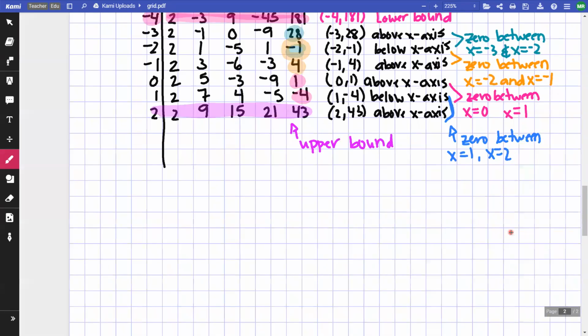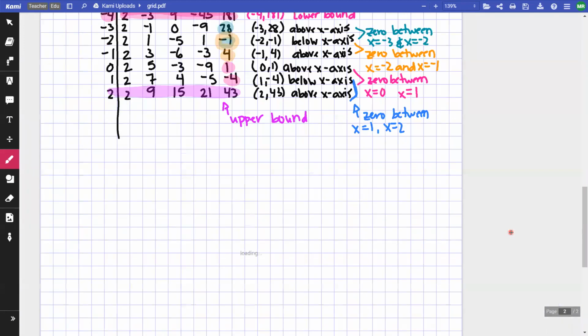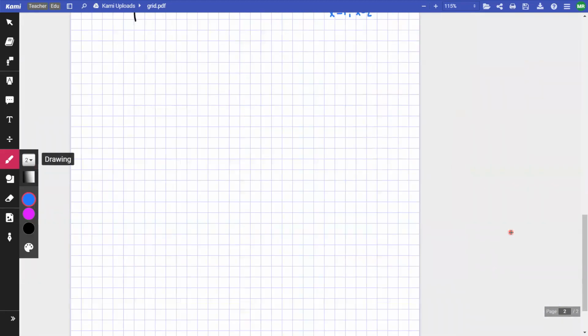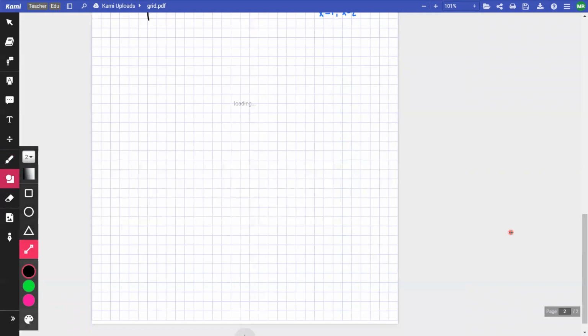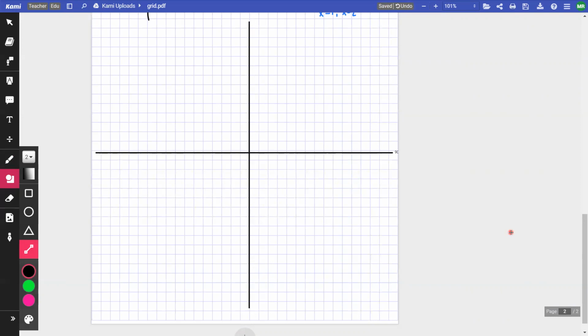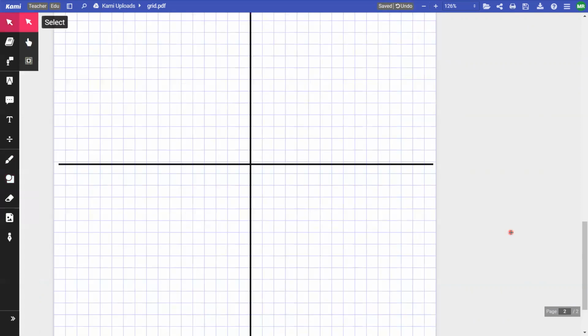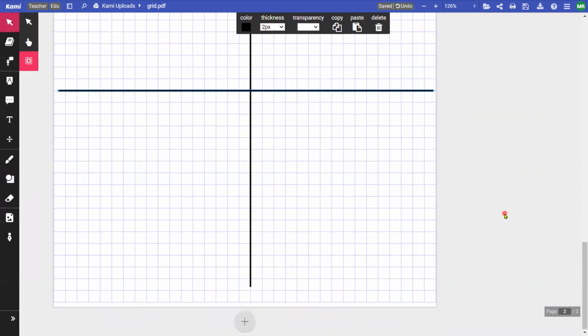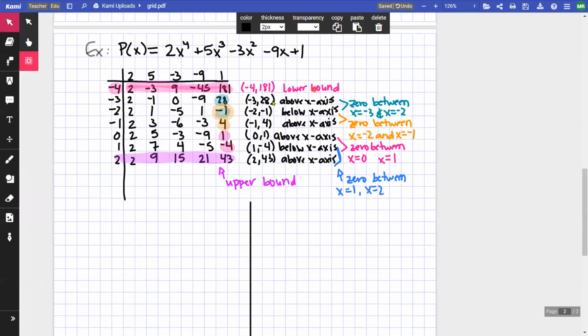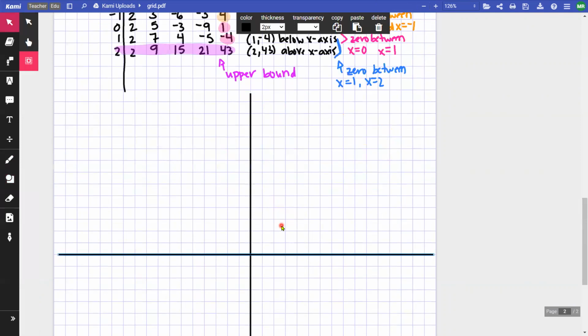So I'm going to draw my graph. Okay. So I'm not going to plot -4, 128, -328.